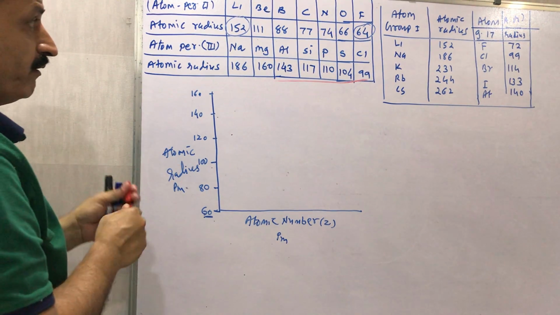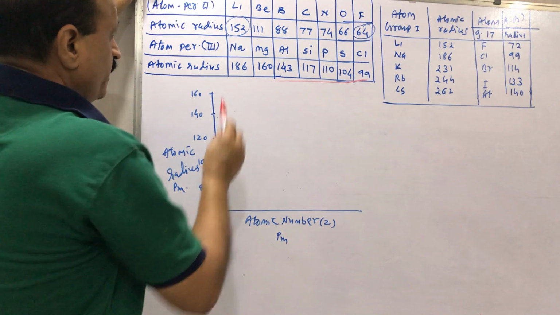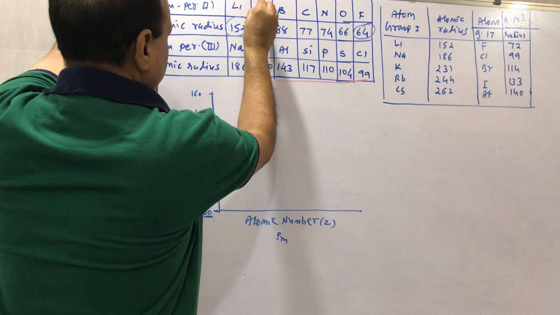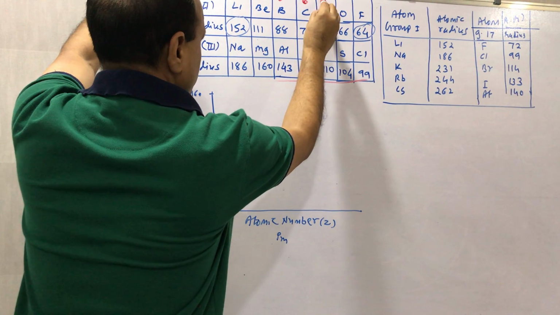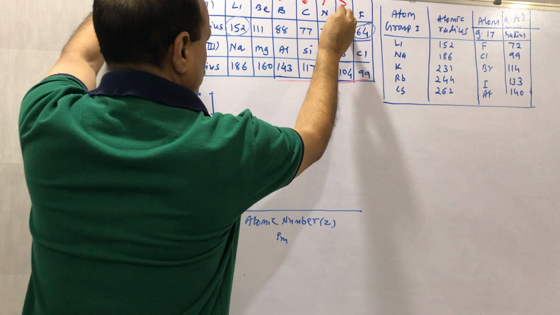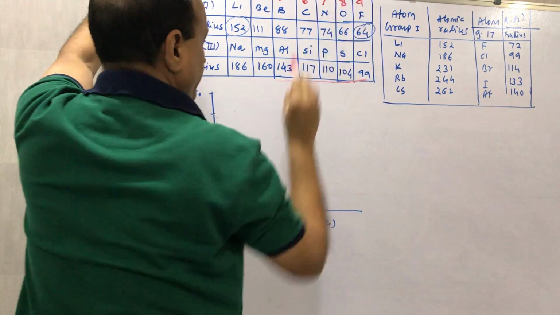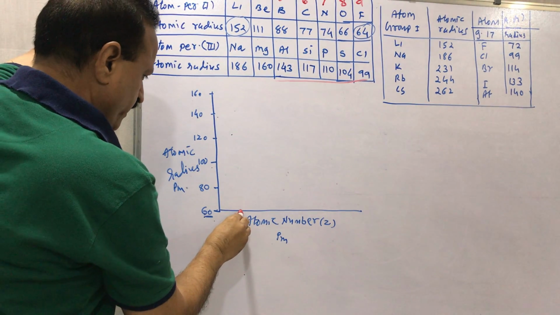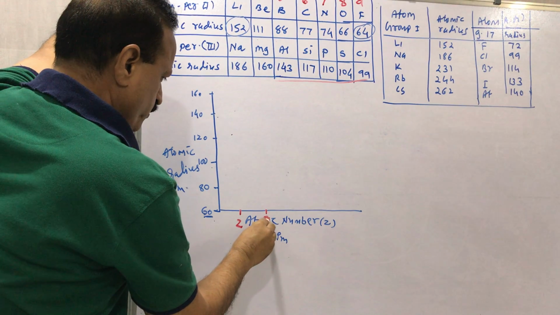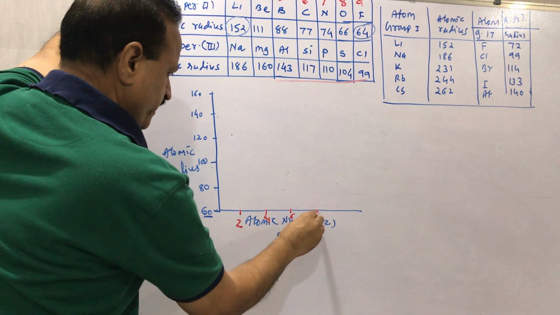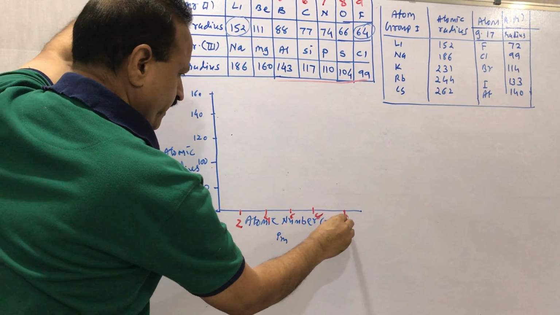Now the atomic number of lithium is 3, beryllium 4, boron 5, carbon 6, nitrogen 7, oxygen 8, and fluorine is 9. So we have to make a distance of 2: 2, 4, 6, 8 and 10.